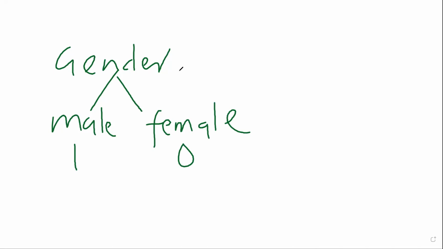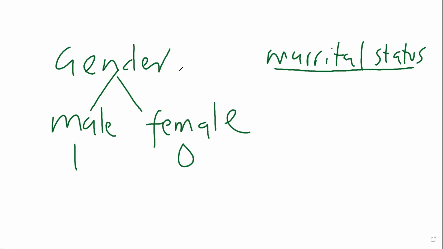Another example of a dummy variable, which is not just two levels, is, let's say, marital status. When you look at marital status, it has quite a number of levels. But in a practical sense, we want to consider 4 levels. The first level is single. The second level is married.